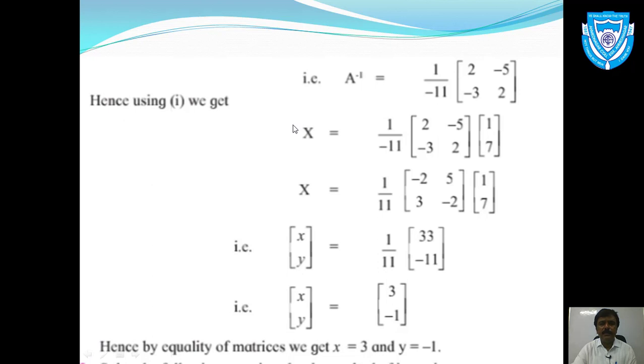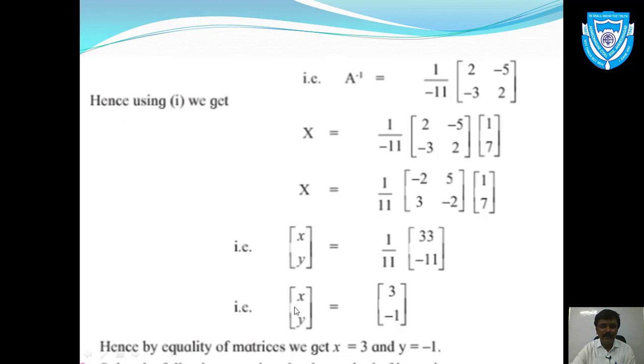Capital X is equal to A inverse into B. So here we can write A inverse into B. Multiplication of these two gives us the values of X and Y. After multiplying these matrices by 1 upon 11, we got one matrix whose order is 2 cross 1 and elements are 3 and -1.